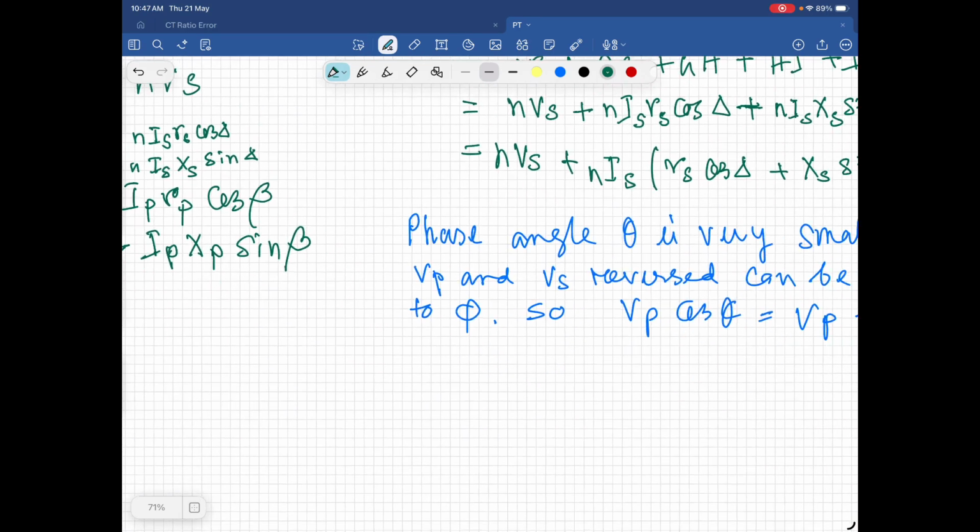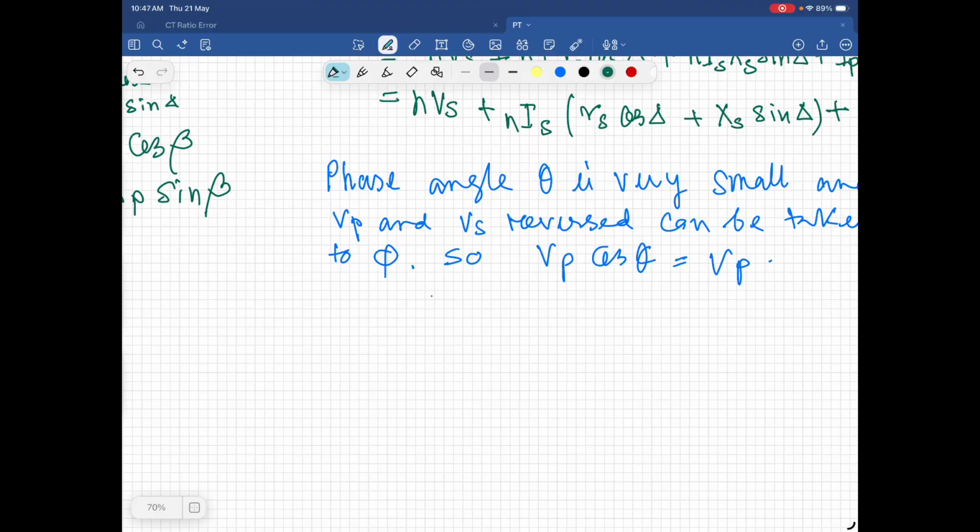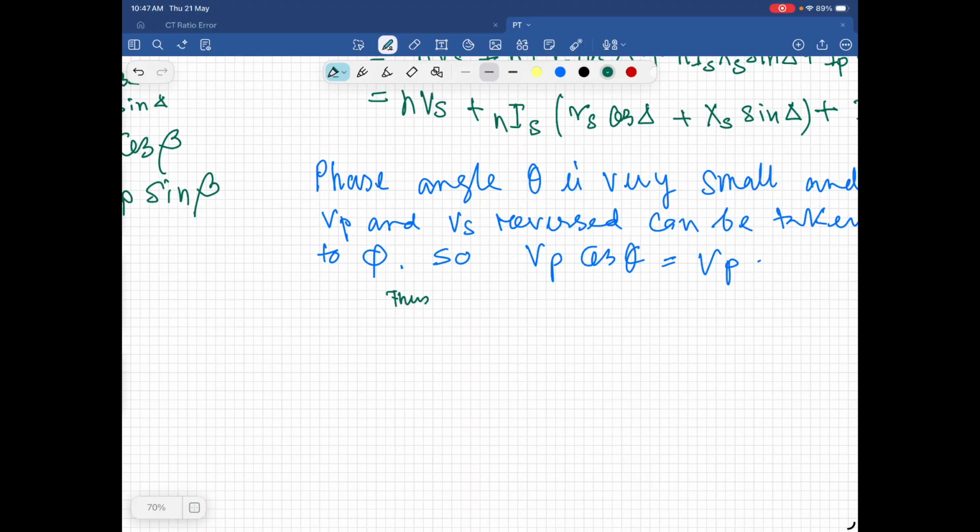So from triangle OCD, we can write Ip cos beta is equal to IE plus Is by n cos delta.